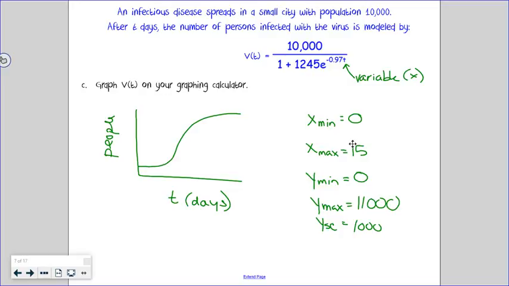You have 0.097? So I'm going to get rid of that 0 and see if that fixes it. We don't want to hit zoom 9. We want to use our window here. Oh, there you go. I got it. You had it typed in wrong.